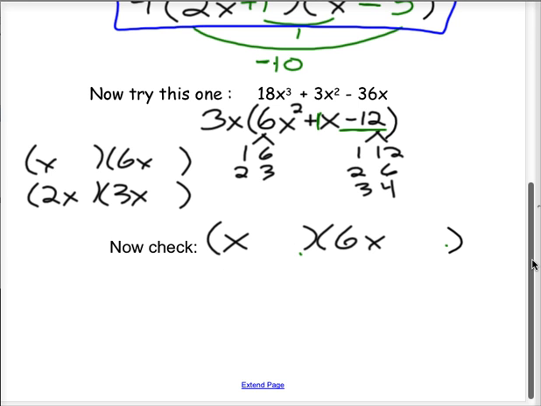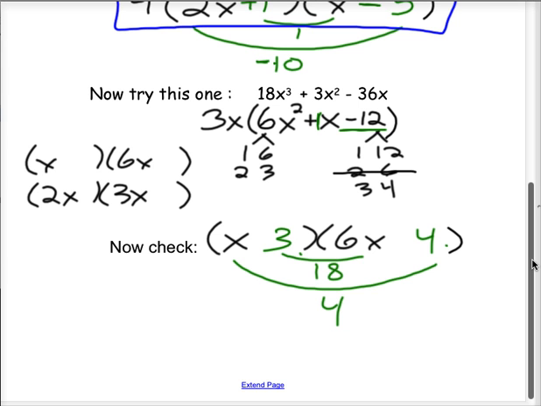So I'm going to move on to the 2 and the 6. Now, remembering, if we're looking for an odd number in the middle, the 2 factors cannot both be even. So I'm actually going to scratch that one off right away. I'm not going to spend my time with it because I know it's not going to give me the answer. So instead, I'm going to focus on the 3 and the 4. So 4 and 18. And again, keeping in mind one of those is going to be negative. So we're talking about 14 or negative 14.